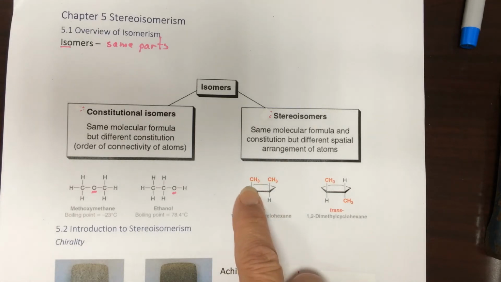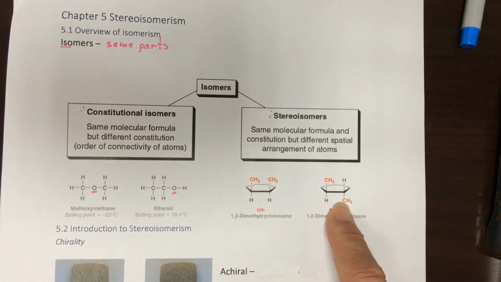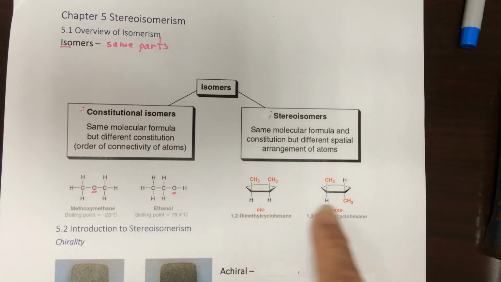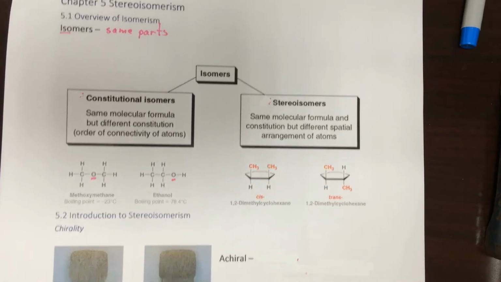We've got a carbon with a methyl group and a carbon with a methyl group, but the methyl groups are arranged differently. Here, they're both on top of the molecule. Here, one is above and one is below. That makes them stereoisomers. As we talked about isomers, we'll be talking about chirality, and chiral objects and achiral objects.